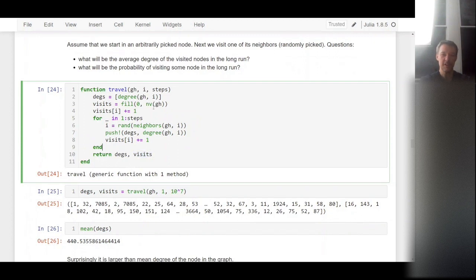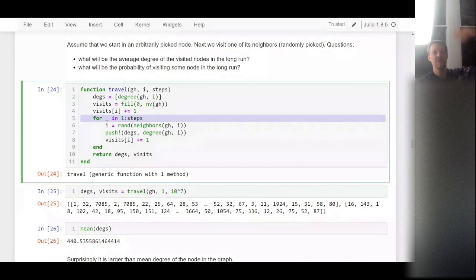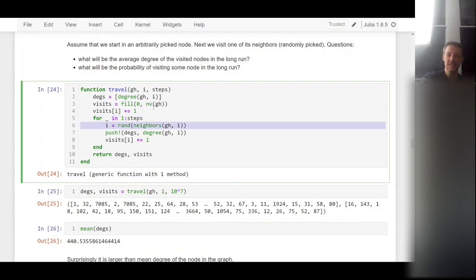And how do I run the simulation? Well, I run it for steps times. So this is just a for loop that I run from 1 to steps iterations. And in each iteration, I randomly pick a neighbor of my node and I just move to it. So i becomes one random neighbor of i. And then to degrees, I push. So at the end of the dex vector, I add an additional degree that I just visited.